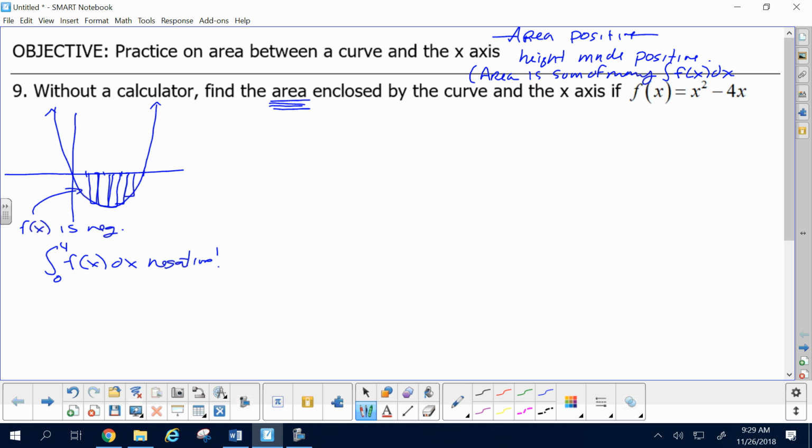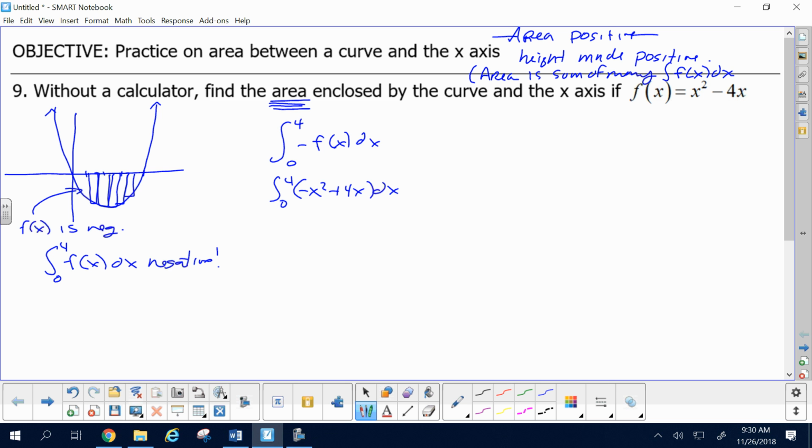Well, the easiest way to do it is to say I want the opposite of f of x to make the y's positive. The opposite then would be negative x squared plus 4x. You follow? Are you with me?